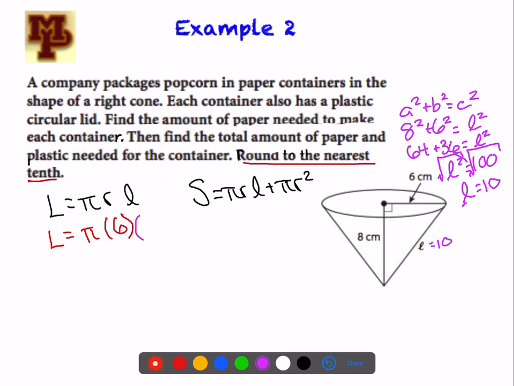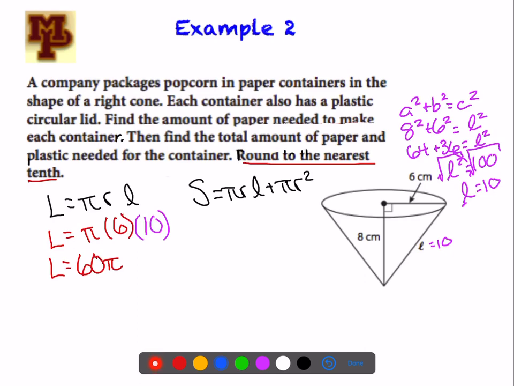So I can plug that in over here, and we get lateral area is equal to 60 pi. Now, I know that we're going to round to the nearest tenth here in a minute. I'm just going to keep it like this for simplification purposes. If you want to find out this answer already, go ahead and multiply those out. We'll be going through that in just a sec.